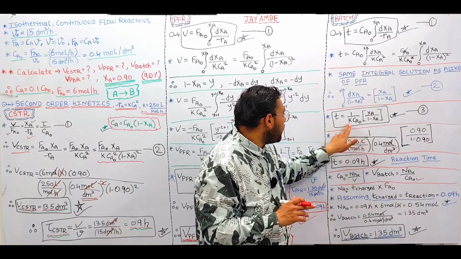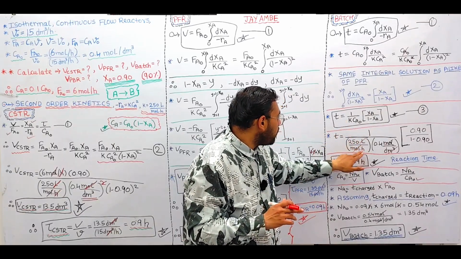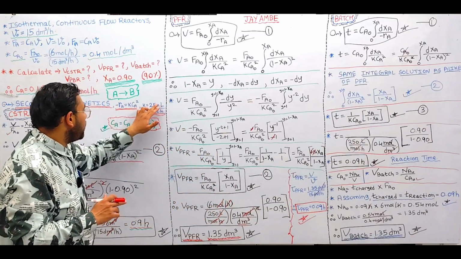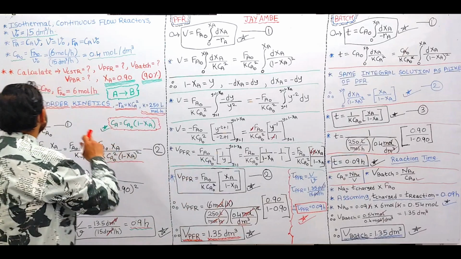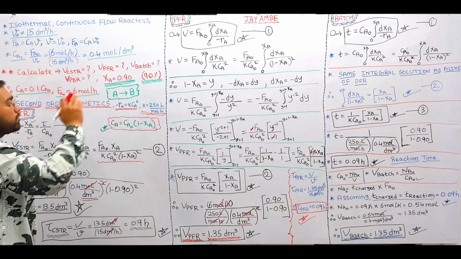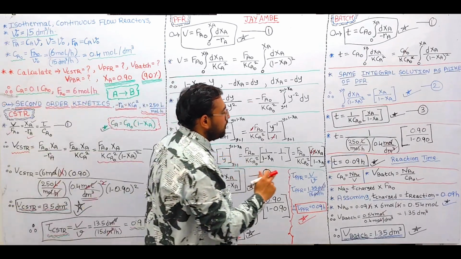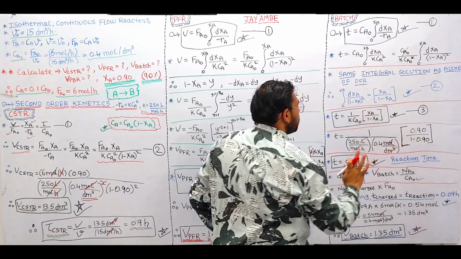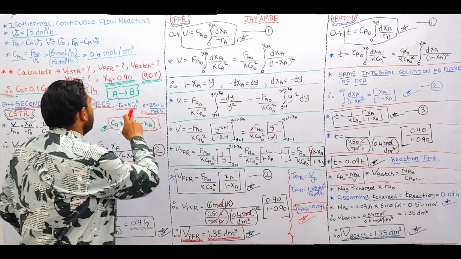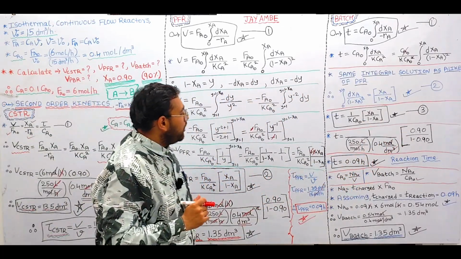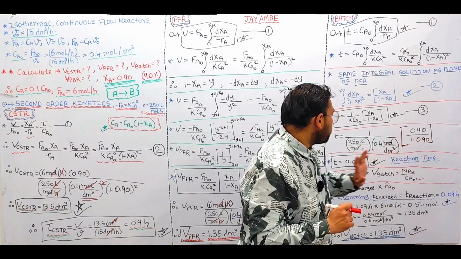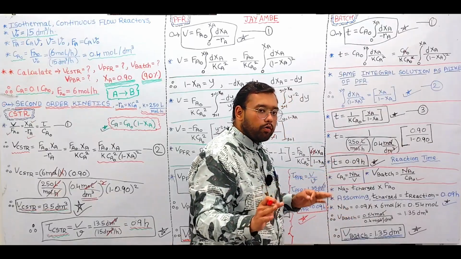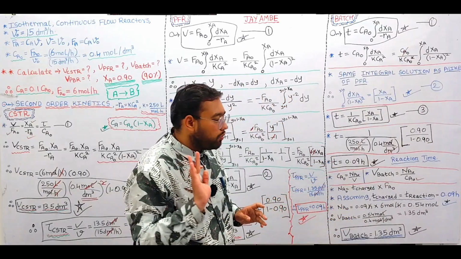So 1 divided by K, which is 250 liters per mole hour, divided by CA0, which is 0.4 moles per cubic decimeter, into XA, which is 0.90, divided by 1 minus 0.90. Now remember, we also need to cross verify the unit balance.